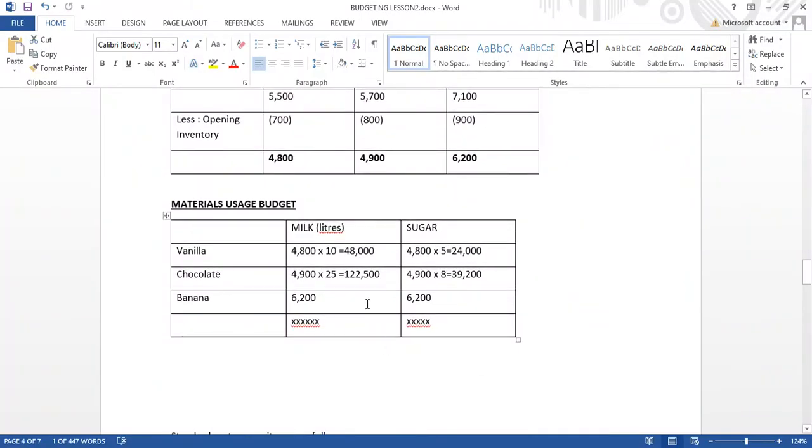So when we multiply 6,200 by 15 liters of milk, 6,200 times 15, we need 93,000 liters of milk. Then for sugar, 6,200 times 7, we need 43,400 kg of sugar.